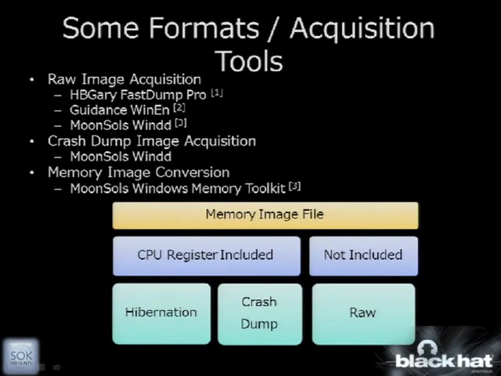If you want to examine crash dumps and hibernation files, you must convert them to raw because most analysis tools accept only raw images. MoonSols Windows Memory Toolkit can convert one format to another. This tool is useful when analyzing hibernation files in laptop PCs.